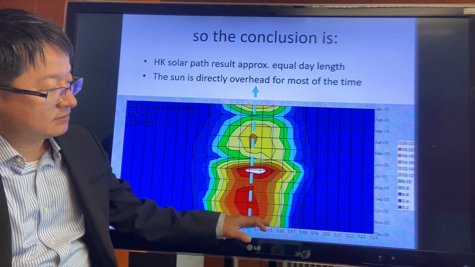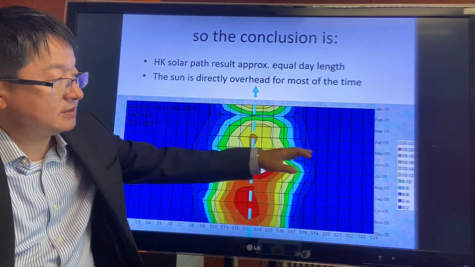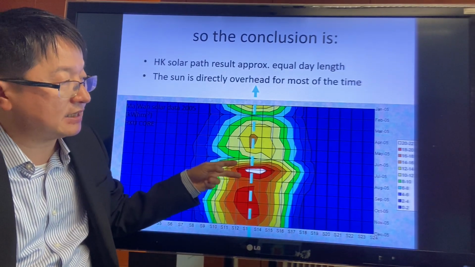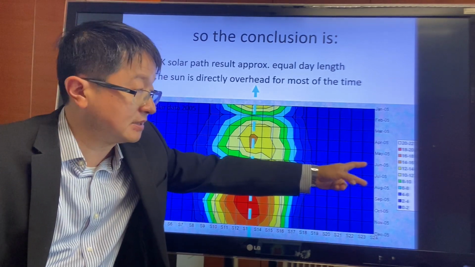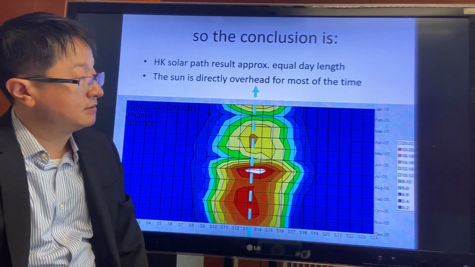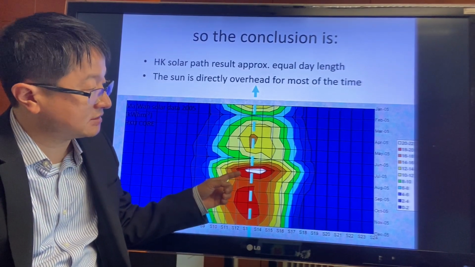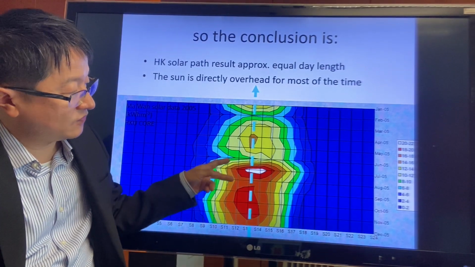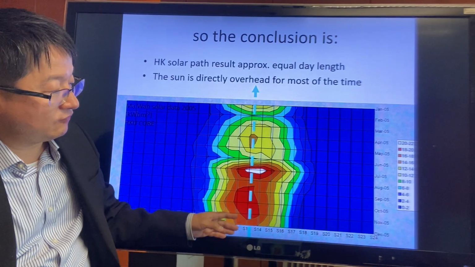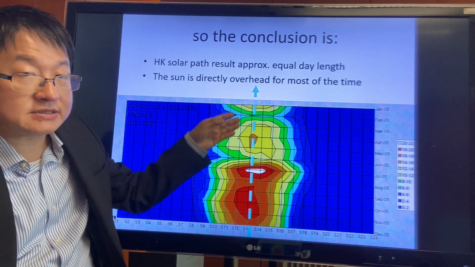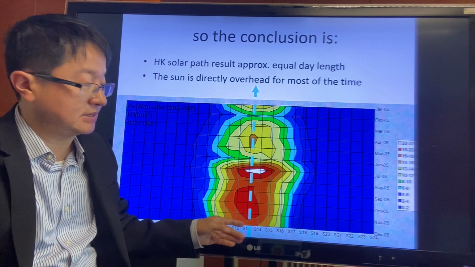And in the northern hemisphere, the sun intensity is the highest during the summer season in June and July. So you can see the sun intensity is highest during these 2 or 3 months. And then in the winter time, the intensity is lower, even though it's at noon time.